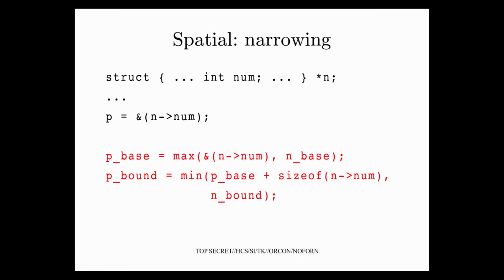Here's a special case, the one I've talked about, where you get the address of a member of a structure and access that. Essentially, you narrow your bounds to that member of the structure.